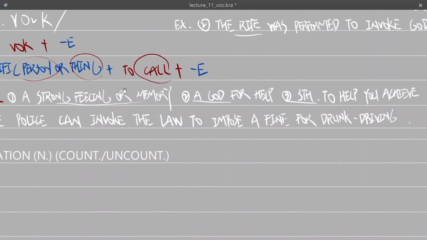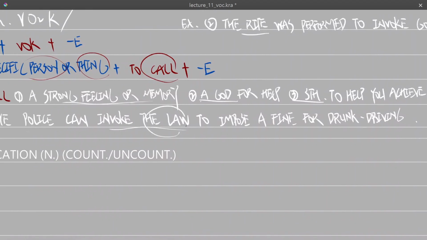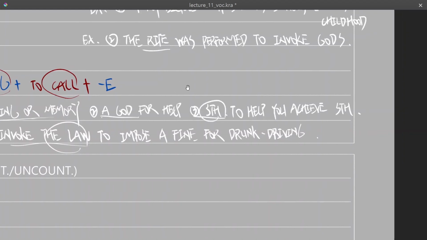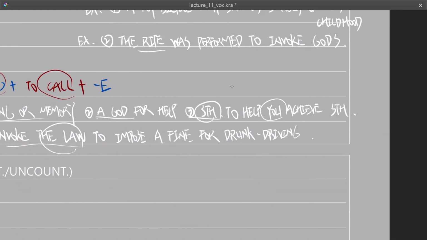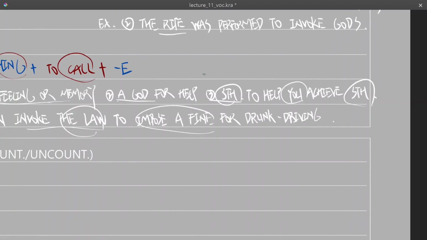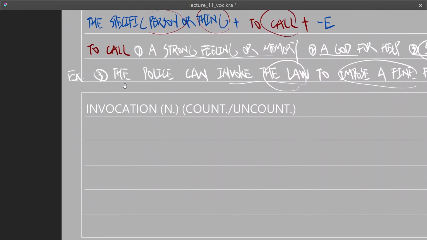So invoke the law, call the law to help them impose a fine.